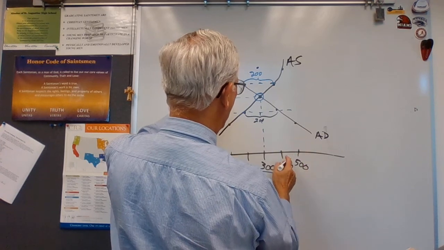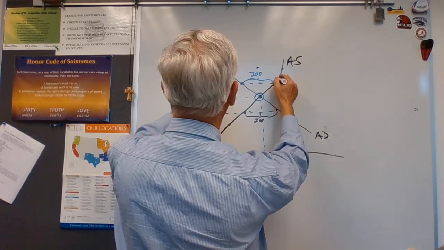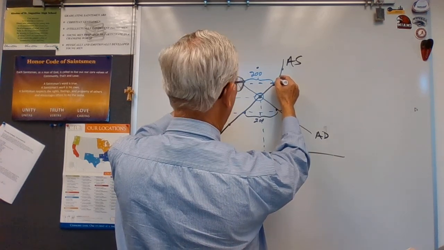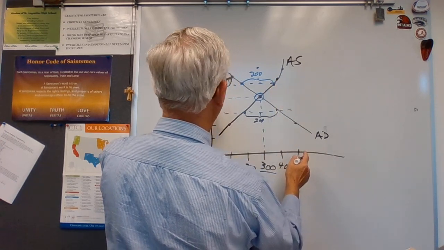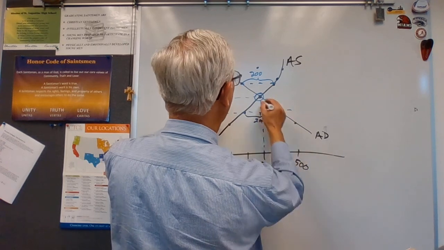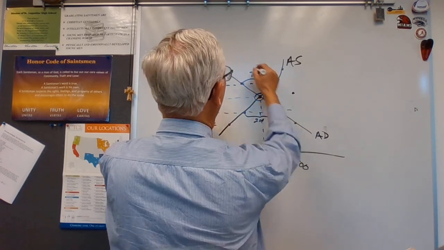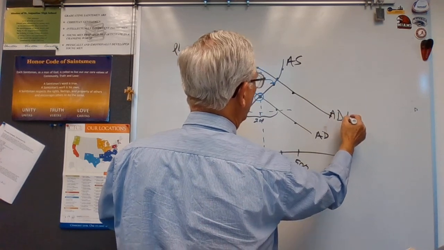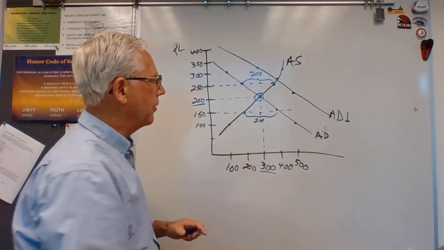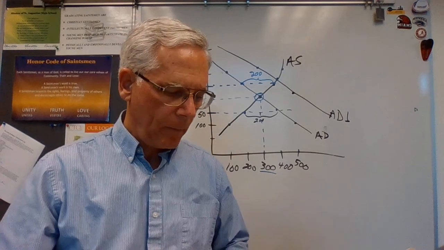At 250, we're at 400. At price level of 200, we're at 500. And you can see I'm clearly sketching out AD1 that is far to the right here, okay?